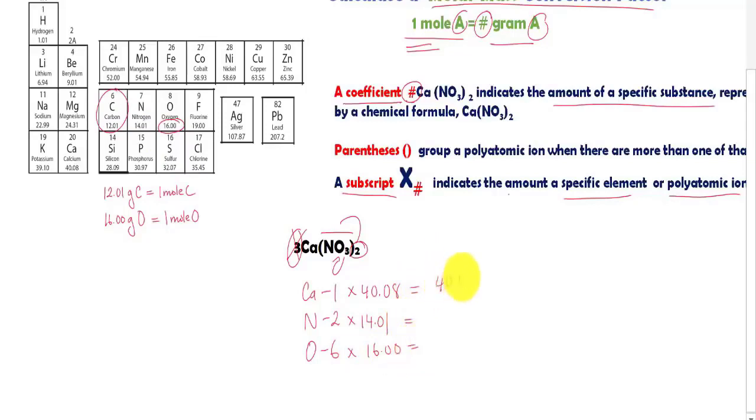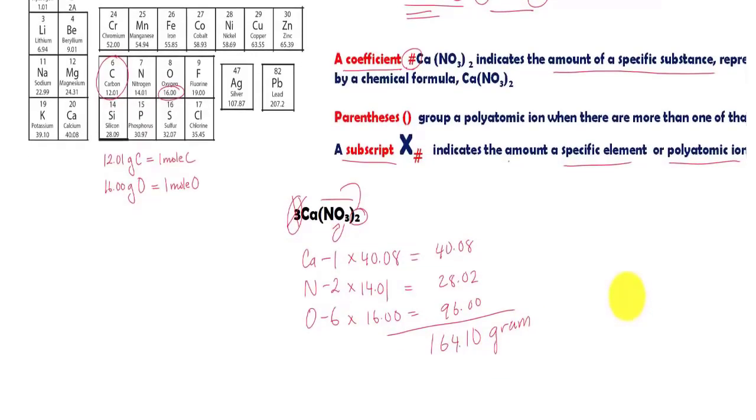We have 40.08, 28.02, and 96.00. So these are the total mass of each element in the chemical formula based on how much of each element you have. And the last step is we add them all together. That gives us 164.10, and this is the mass in grams.